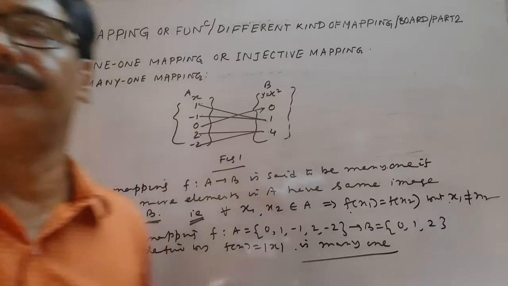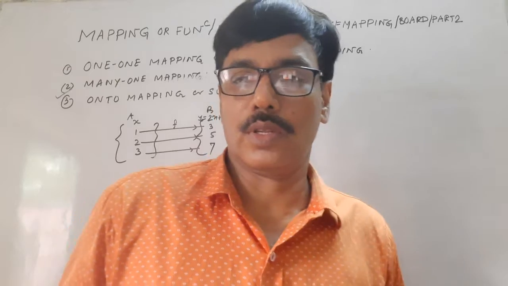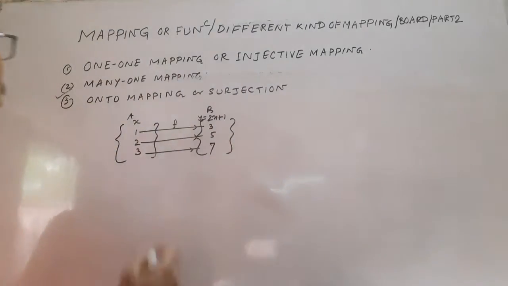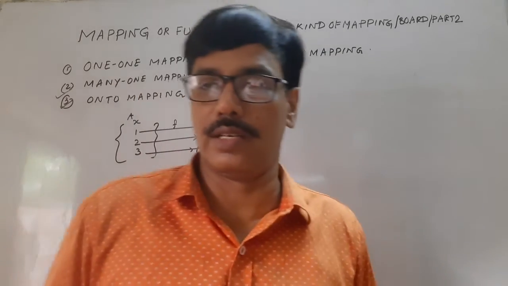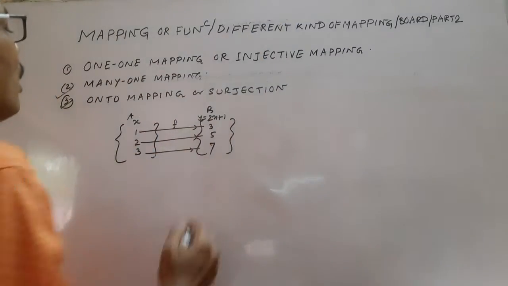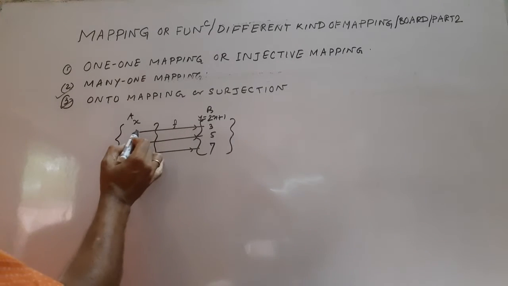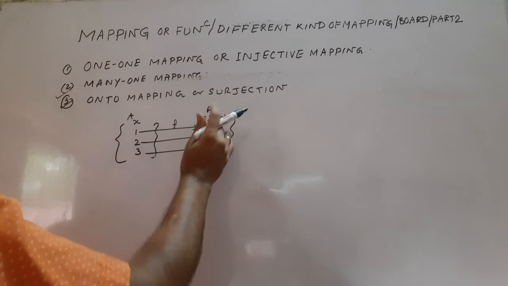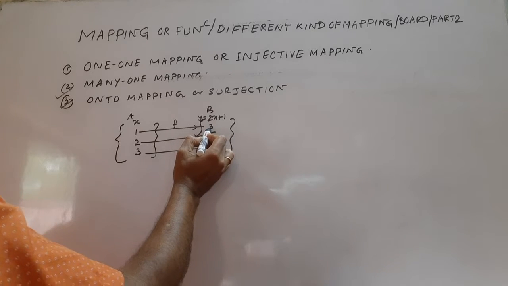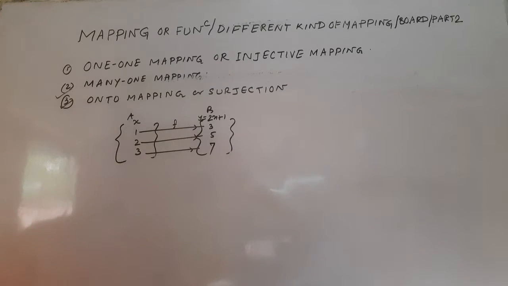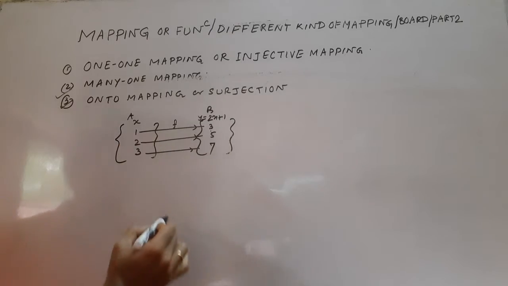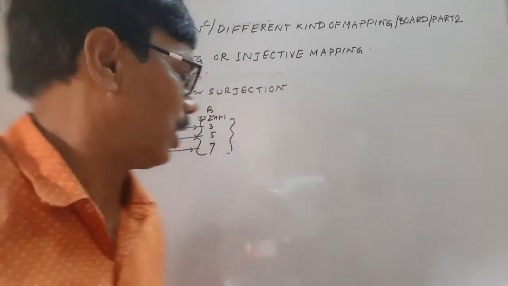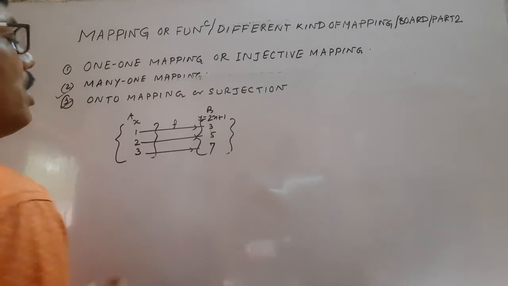Next, number 3. Now, onto mapping or surjection. Every element of B is the image of at least one element of A. There is no free element in B. Every element of B is the image of at least one element of A. Look, there is no free image.